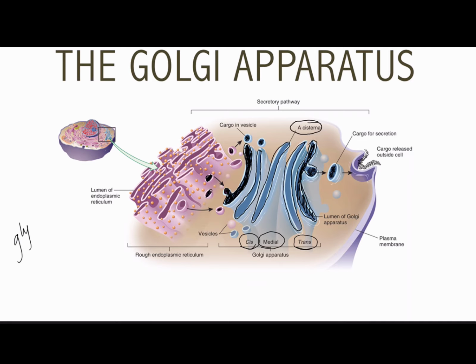And again, we're dealing with the process of glycosylation. So glycosylation is when we add sugars. And so in this Golgi apparatus, there are more sugars being added. And remember, those sugars really are going to act as a signal, telling the protein where it should be going in the cell.